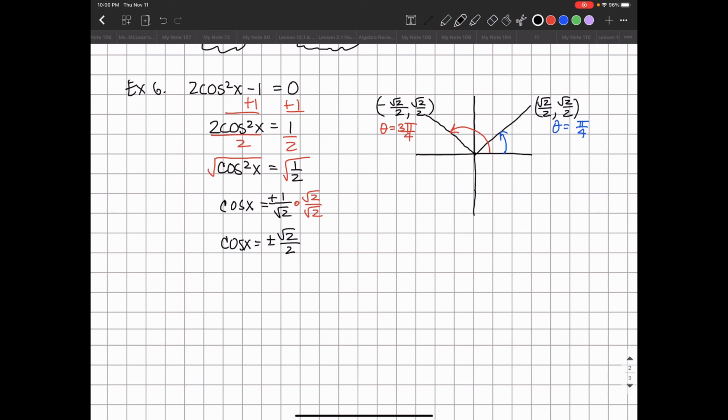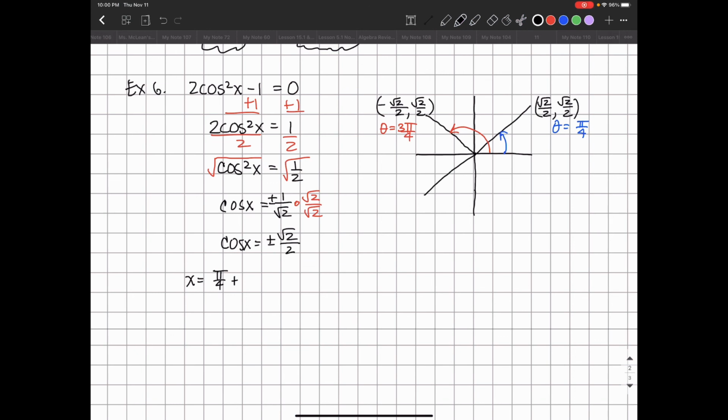I want to write that x can be equal to pi over 4 plus... oh, no, sorry, not 2 pi n.